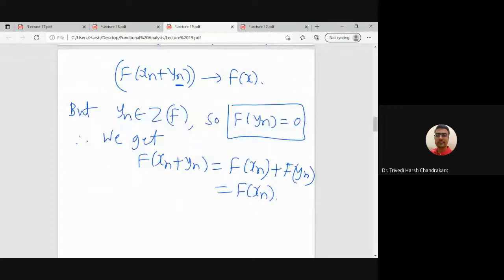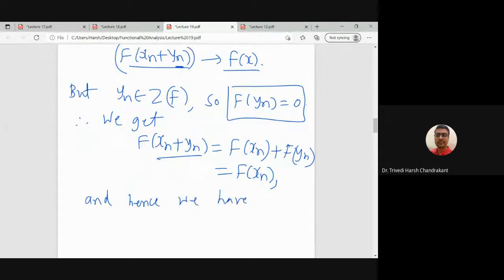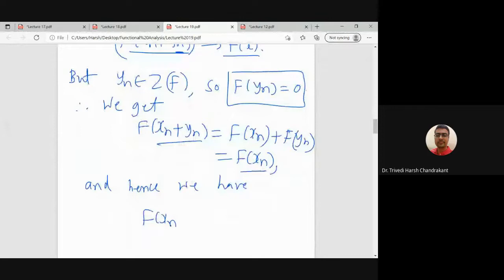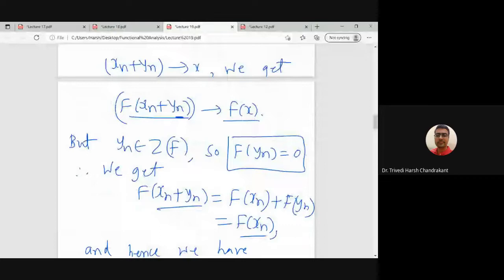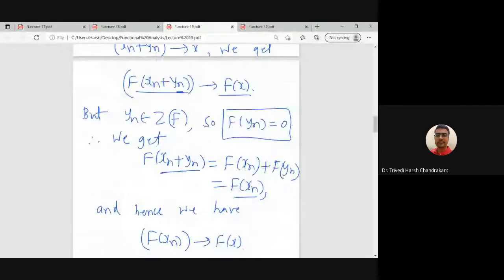So f of this sequence converges to f of x, that means f of xn converges to f of x, because we have f of xn plus yn converges to f of x, and yn are elements of the kernel.